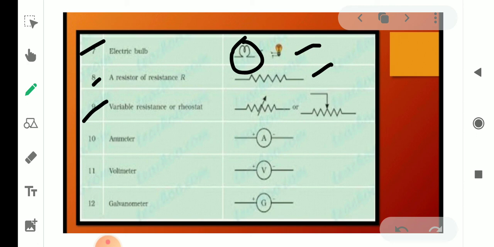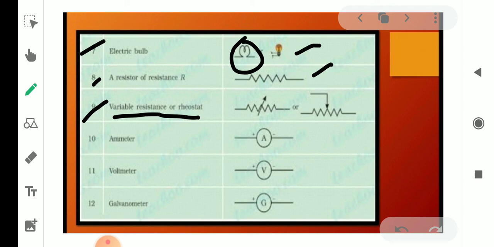The ninth component is variable resistance, or rheostat, where we can change the resistance with the help of a variable resistance. I think I have shown you this device, the rheostat, where we can change the resistance in an electric circuit.